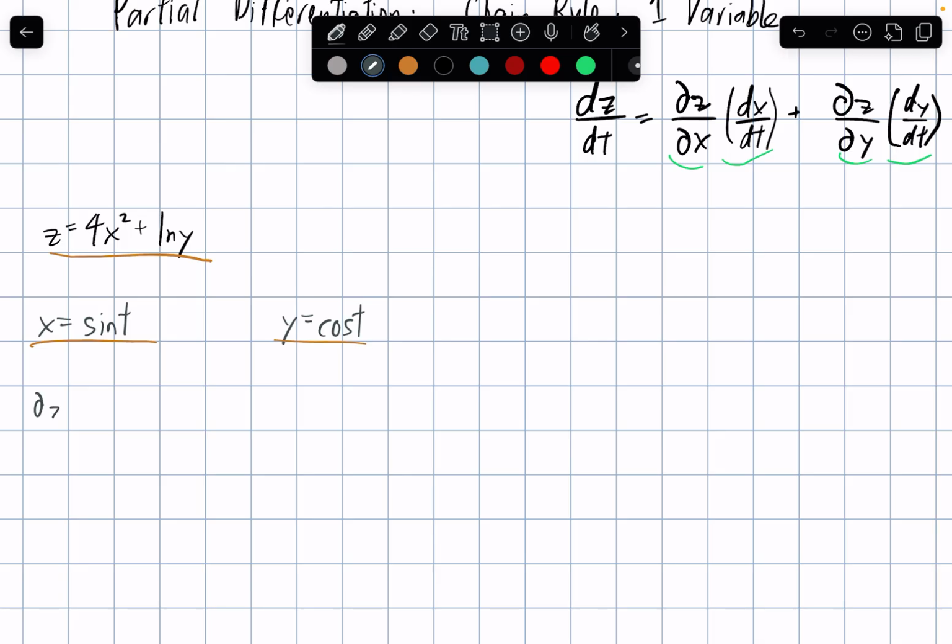For starters, partial z over partial x, we are going to render y constant, right? We only have x and y as the variables. Since x is in the denominator of our notation, the other variable that's not mentioned, which is y, is going to be considered a constant.